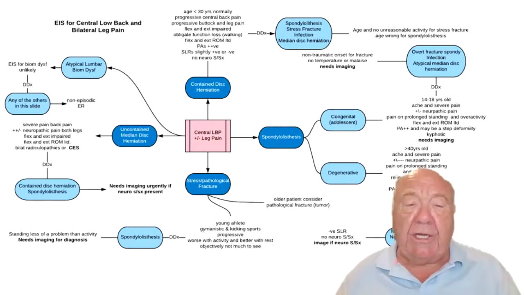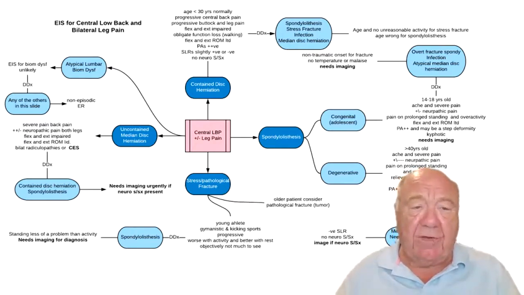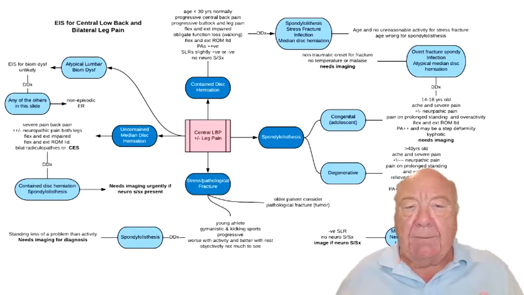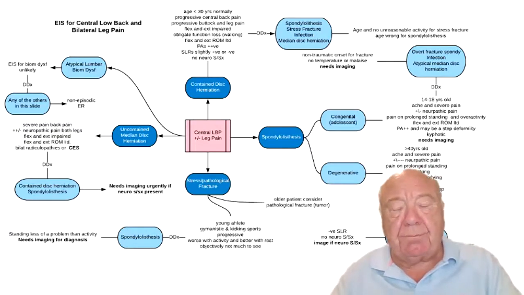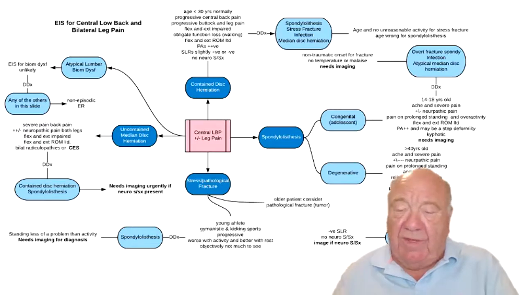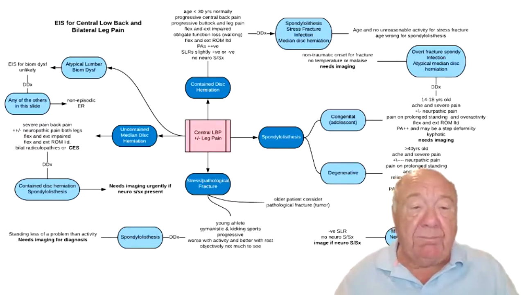Like all disc herniations, flexion and extension are seriously affected. You'll have obligate functional loss. Range of motion is limited and painful in all directions, and you'll see multiple radiculopathies simply because this thing is hitting multiple roots.